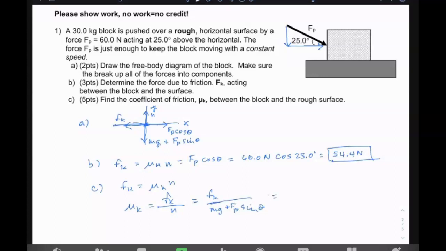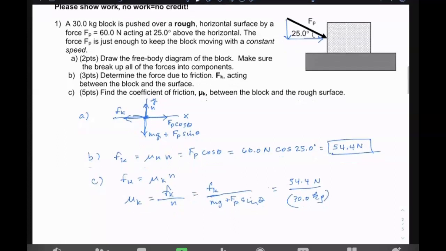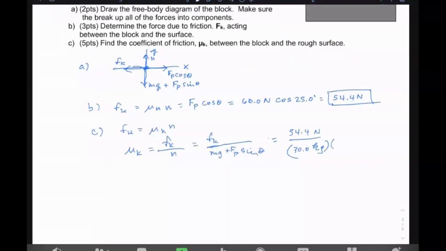Then just putting in the numbers, we have 54.4 newtons in the numerator from part B. Then the mass is 30.0 kilograms times 9.80 meters per second squared, plus F sub p sine theta.